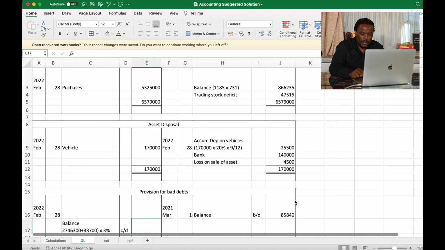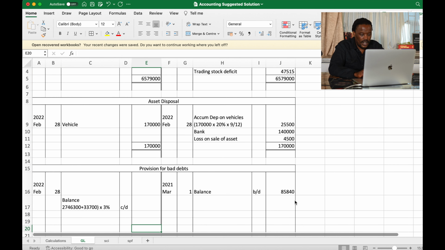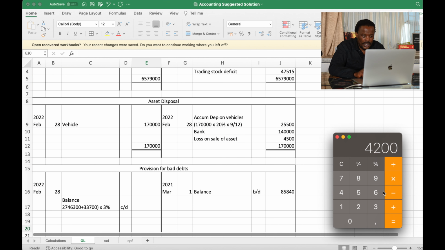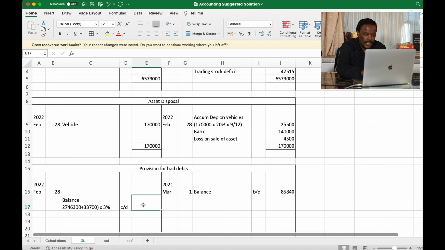And then what is our balance carried down? Let's use the calculator: 2,746,300 plus 33,700, which equals, times 3%, 83,400.